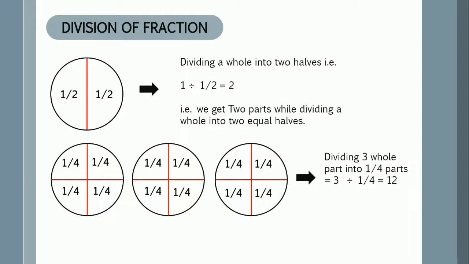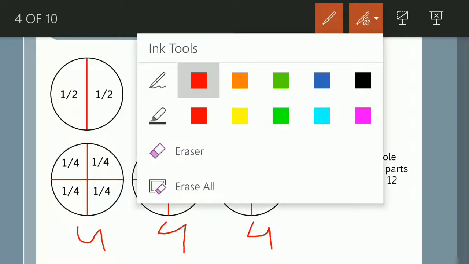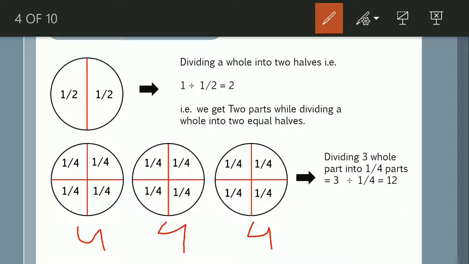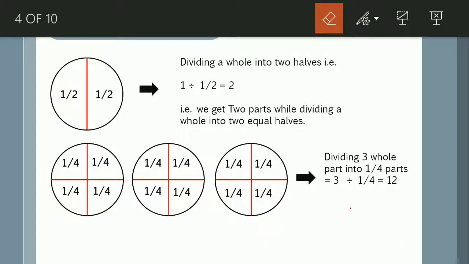We get 4 plus 4 plus 4 equal parts. See, what we get? 4, here also 4 and here also 4. So, add these 4 parts. 12 parts. We get 12 parts. बहुत बढ़िया.